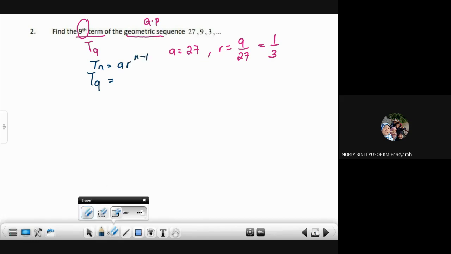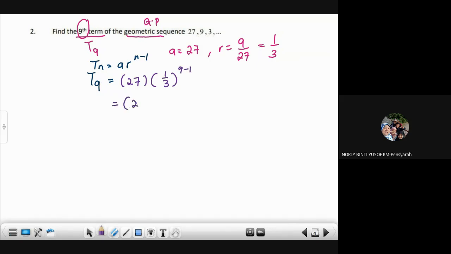T9: A is 27, R is 1/3, n is 9, so 9 minus 1. Later you can write 8 directly, because 9 minus 1 is 8. This one, in one line, you can use a calculator. To find the value, you calculate and get 1/243.